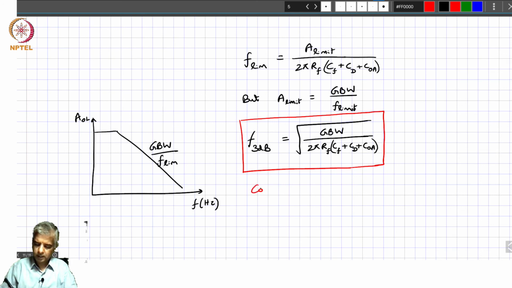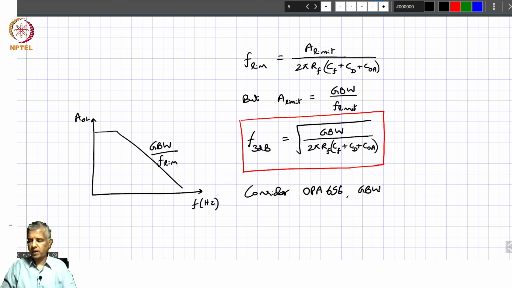Now consider, say, a popular op amp, OPA656, which has a gain bandwidth product of roughly 400 megahertz. It's one of the op amps with higher gain bandwidth product. Typically it's much lower than that.